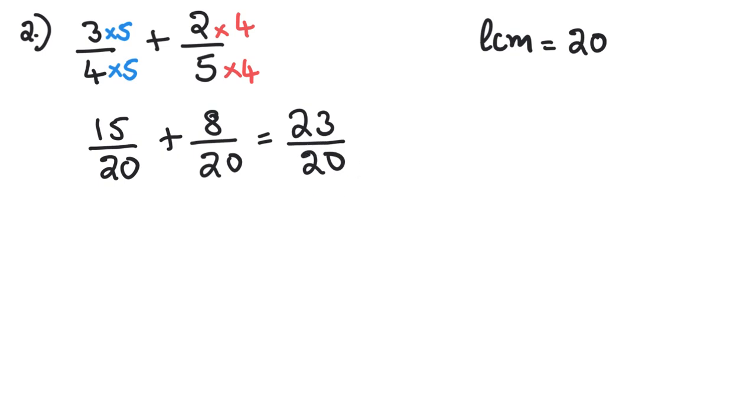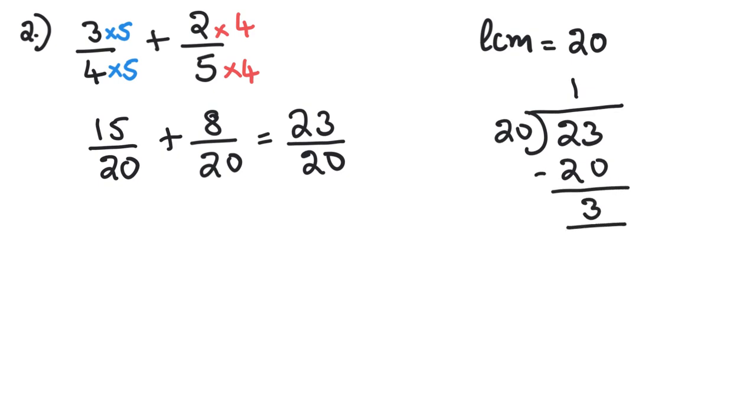It is. So change it into a mixed fraction. Remember your grade 1, 23 divided by 20. 20 1 times is 20. Subtracted. The remainder is 3. So this is 1 and 3 over 20.